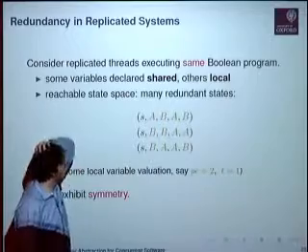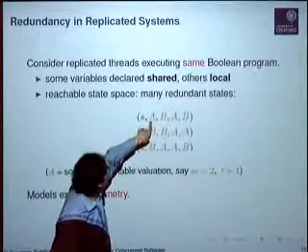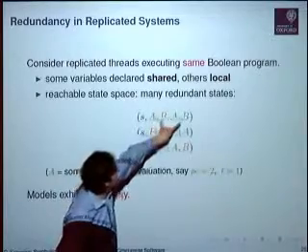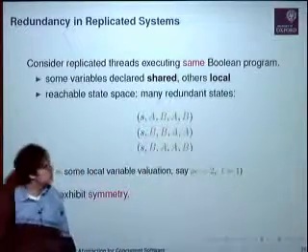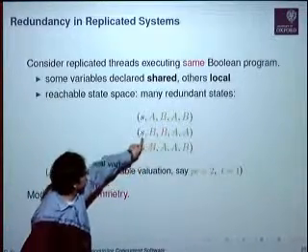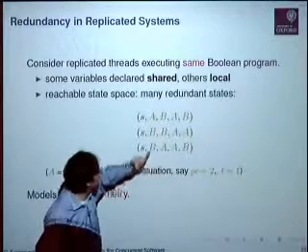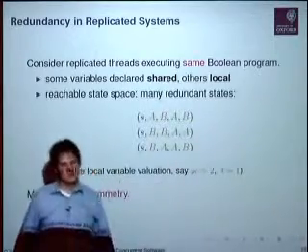So in particular, if you think about the case of 4 threads, and suppose you have 2 threads in state A and 2 threads in state B, then you could just as well say that there's the same state in which you first have the B's and then the A's, or first a B and then 2 A's and then a B. All of these, from the point of view of the semantics and behavior of the system, are completely indistinguishable. And you can actually prove this.